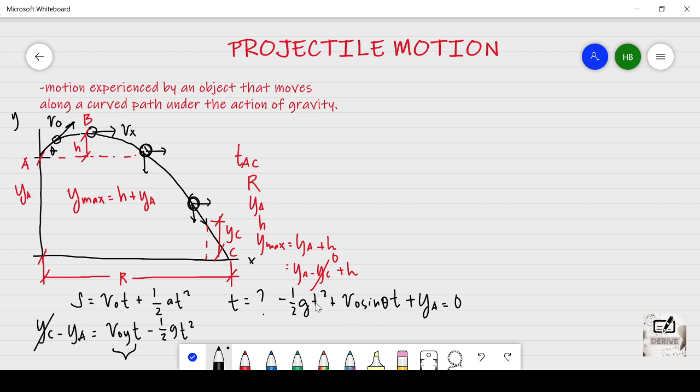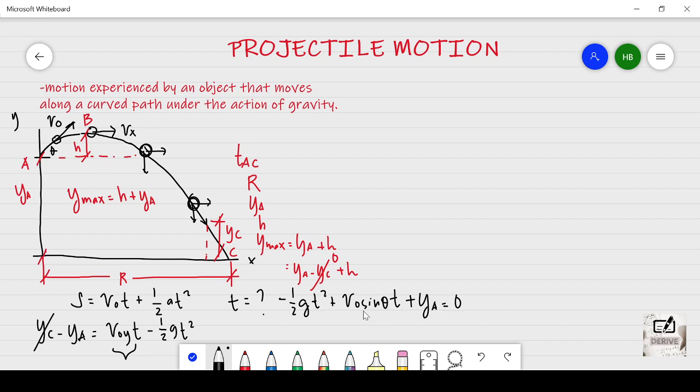If you are going to put this in the calculator by shift mode 3, you need to rearrange the terms first. First is the term with t squared, second is the term with t raised to 1, and the remaining term will be your constant term.